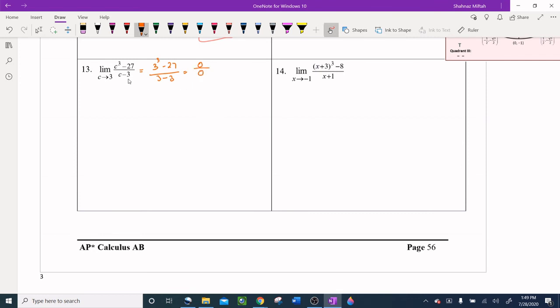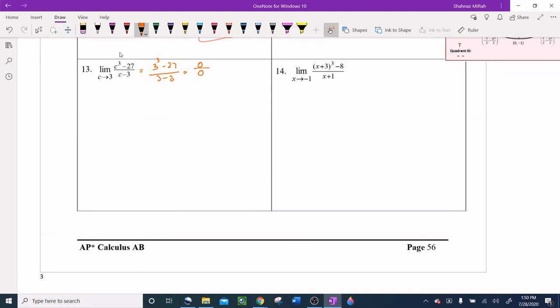So I need more work, which means I have to factor, expand, or use a conjugate. But it's not a square root, so I can't use a conjugate. It's not a trick where I can use an identity. The least common denominator doesn't apply, since it's just one fraction. So let's factor. I think that's a good option.